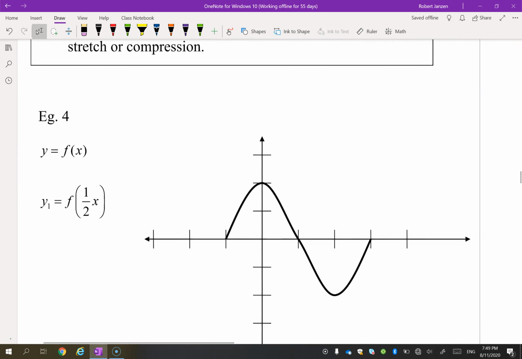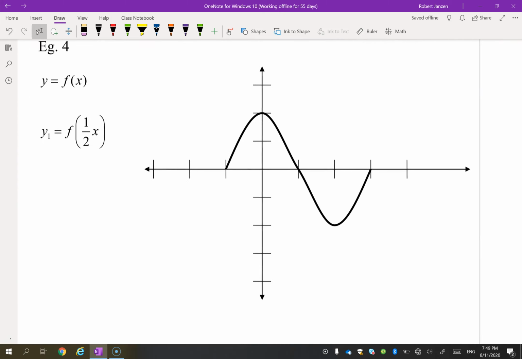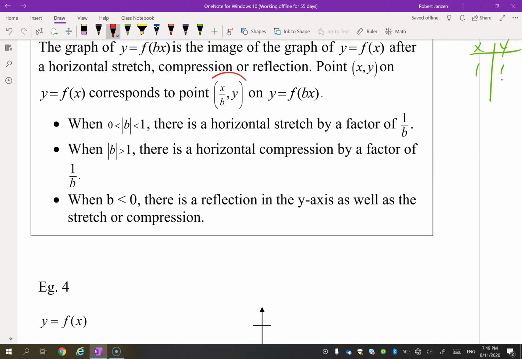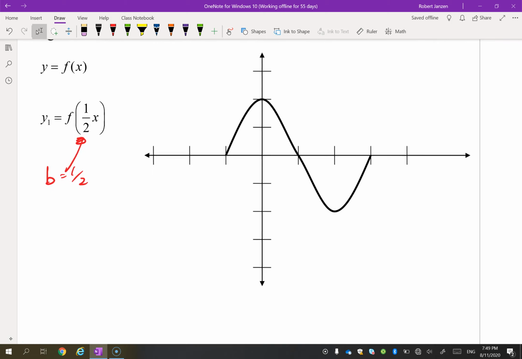Let's try a question. Okay, so here's f of x, and we're looking at a b value of a half. And what I want you to remember is that when we have something attached to the x, it acts the opposite. Okay, we're going to take the x value and divide it by b. Okay, so this is a little bit different. Divide x by a half.